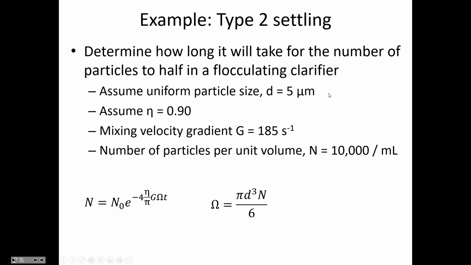Calculate with the diameter that's given of 5 microns, and then try to determine how much time it's going to take to have half as many particles as we started with. The initial number of particles was 10,000, and that's what we use here. But we want to ultimately know how long it takes to get down to 5,000 per cubic centimeter through flocculant settling. Let me pause for a second and give you a chance to calculate these.